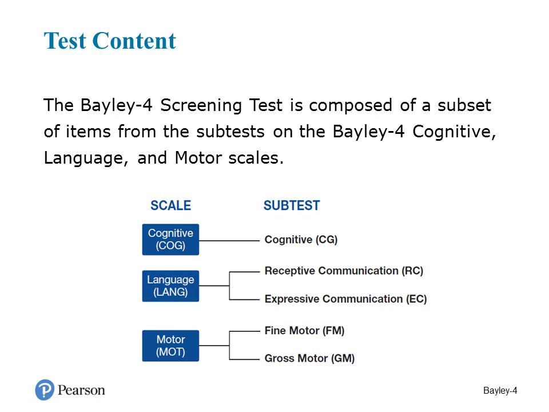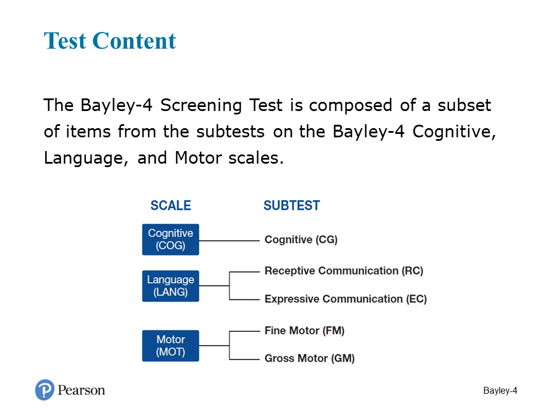In terms of the content, you'll notice that the content is consistent with the content for the Bayley-3 screening test. We focus on 5 subtests: cognitive, receptive communication, expressive communication, fine motor, and gross motor. The Bayley-3 as well as the Bayley-4, as you know, includes certainly these 5 subtests, which cover 3 different scales: cognitive, language, and motor.